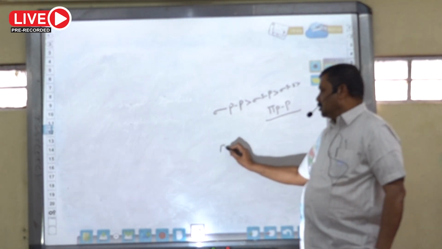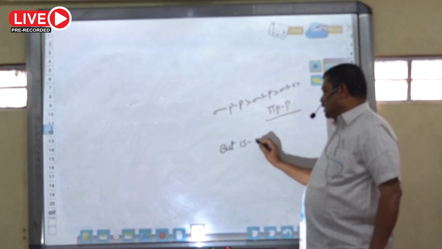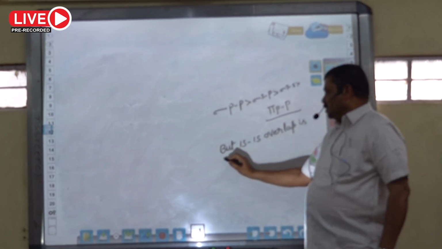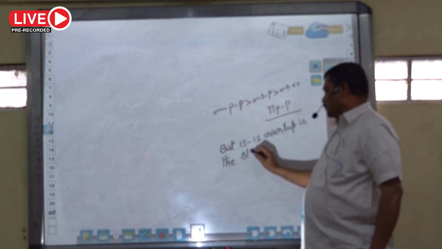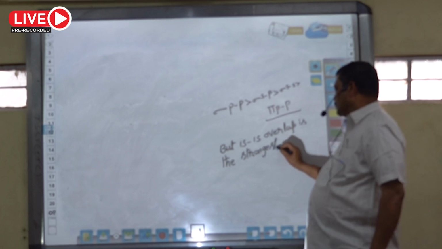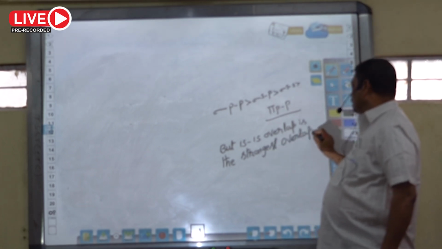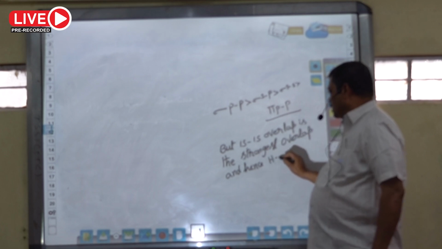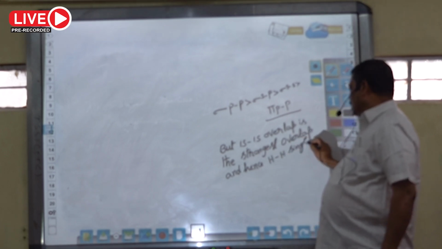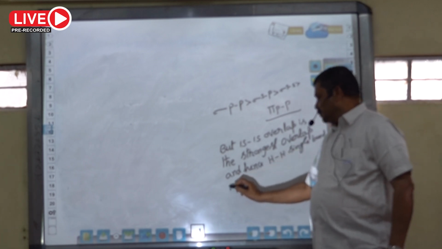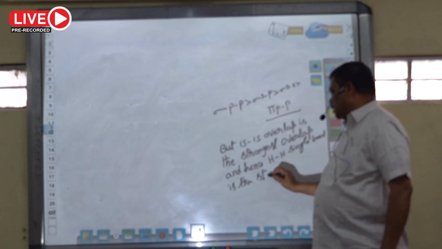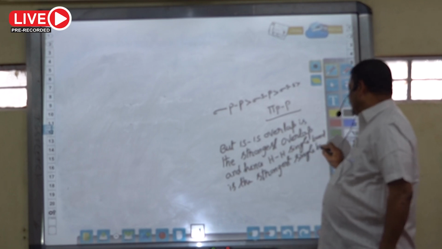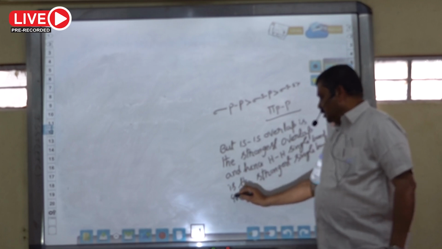But 1s overlap is the strongest overlap, and hence the HH single bond is the strongest single bond in the periodic table.